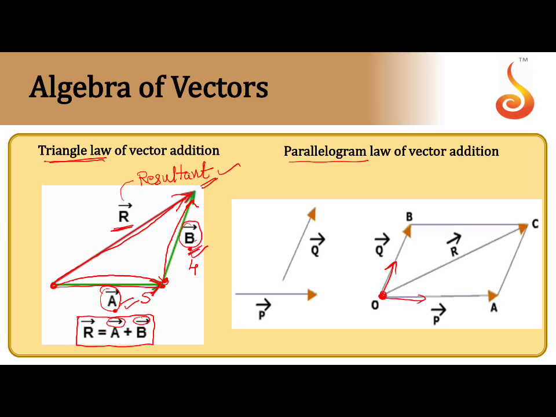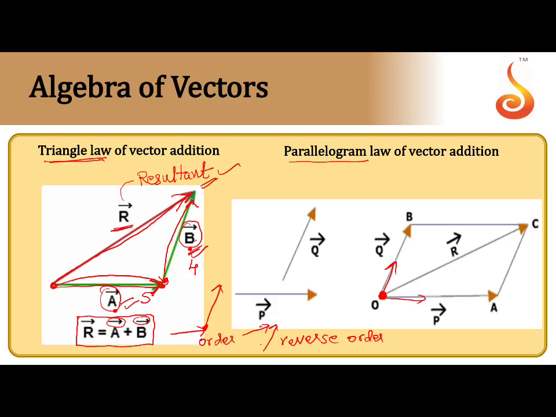I repeat, to use the triangle law, you should have the terminal point of one vector be the initial point of the other vector. Then the two vectors are said to be taken in order. On the other hand, if the initial points are the same or the terminal points are the same, they are said to be in the reverse order.